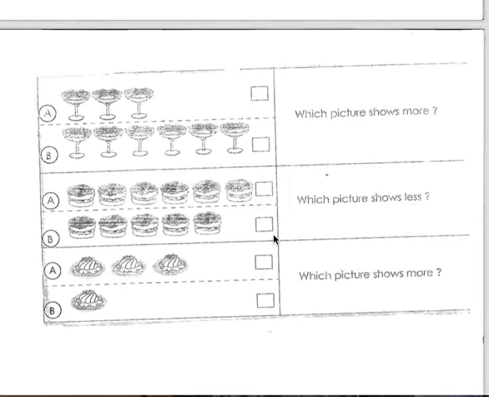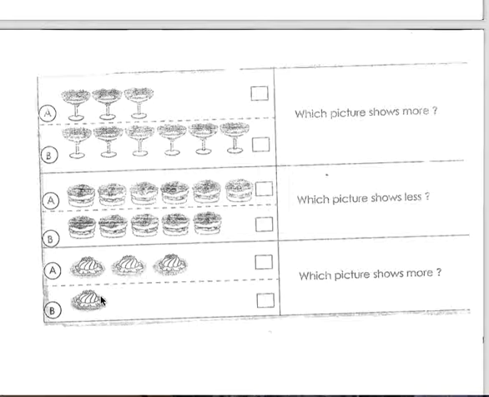But I would like to see you show which picture shows less. All right, let's move on to the next one. Same kind of question, but keep in mind you're only looking at these things right here. Which picture shows more? This group or this group?